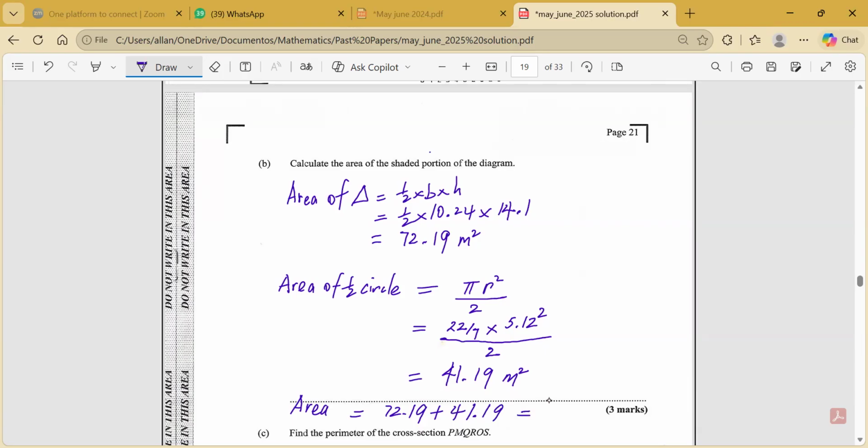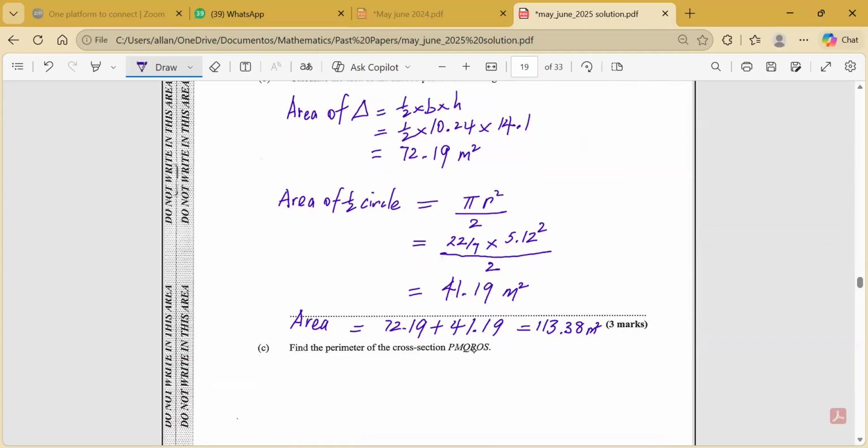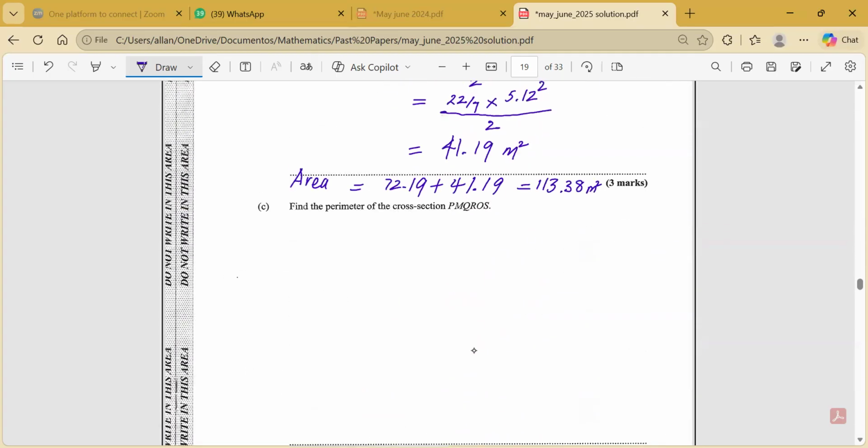That is 113.38 meters squared. I think that's it for this question. No, there's one other small part.